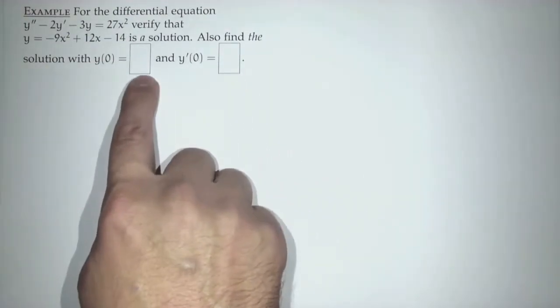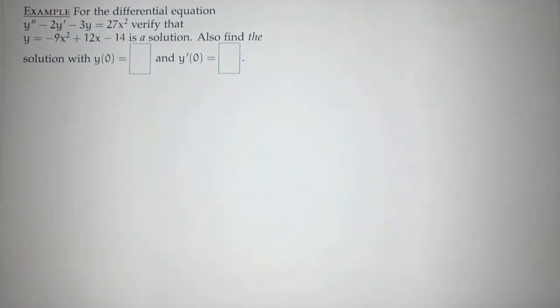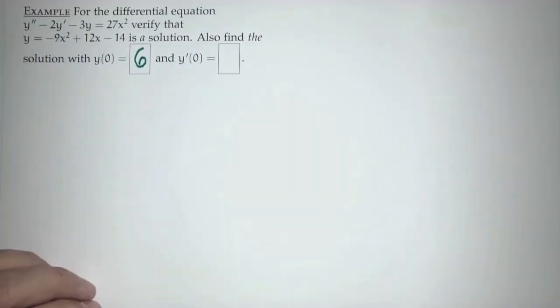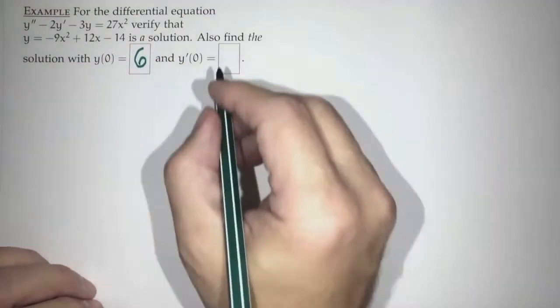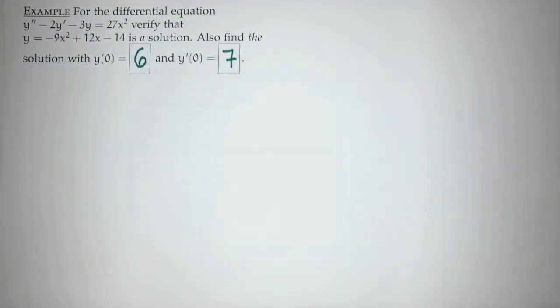That means we get to make some choices here. I think we'll have one of them be 6. Is there another choice? Did someone say factorial? All right, we'll go with 7. Okay, 6 and 7. That's our goal.